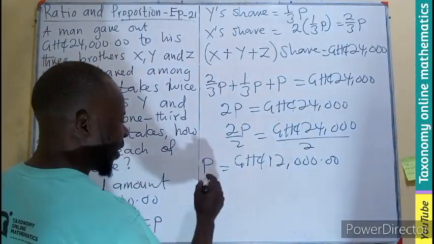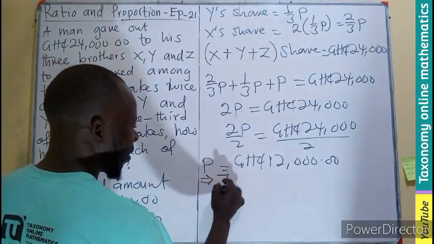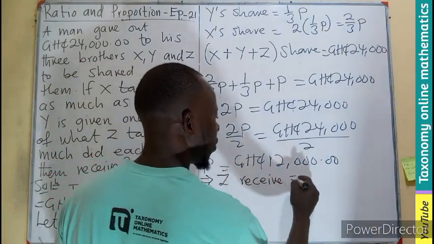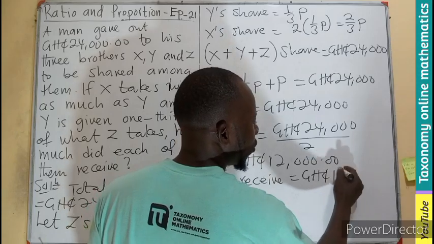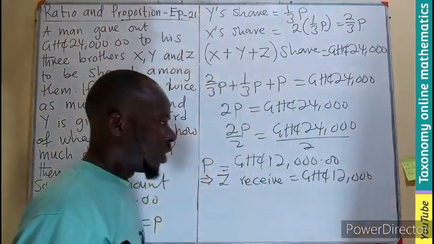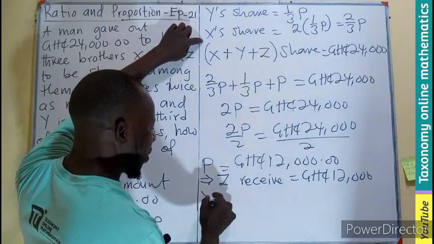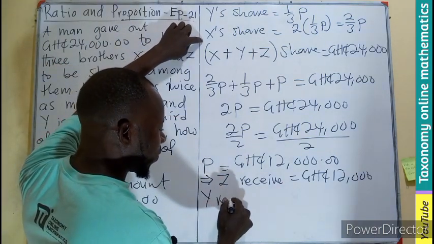It means that Z received 12,000. If Z received 12,000, what will be Y?